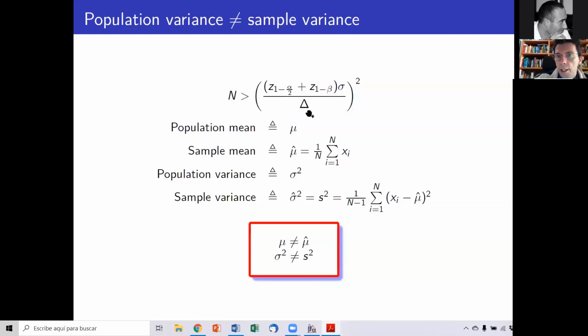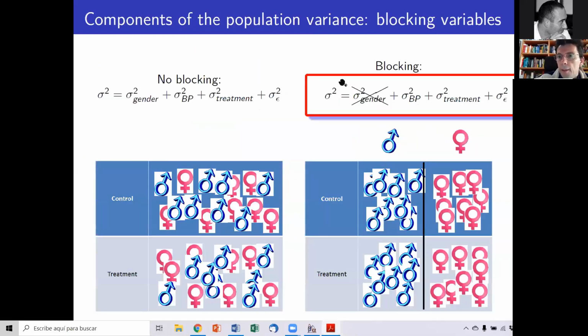So actually this is the inverse of the signal to noise ratio. So when I do an ANOVA test, what I'm trying to show is that the treatment is well above the level of noise. And the level of noise is whatever you cannot explain.